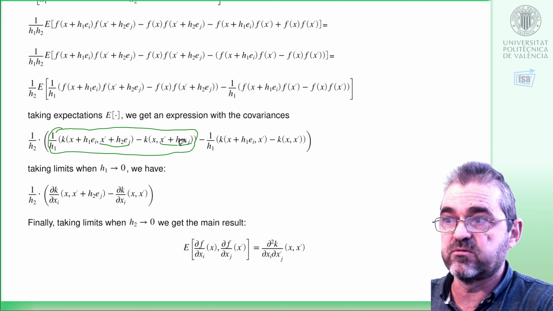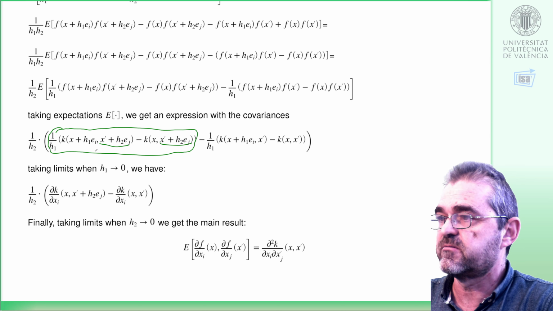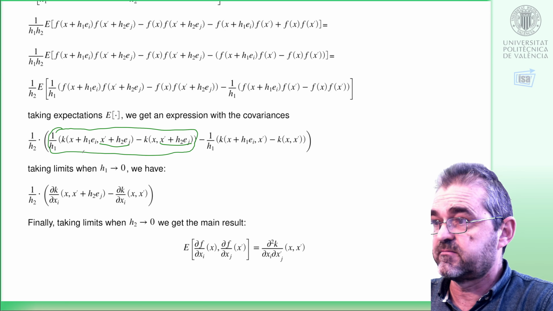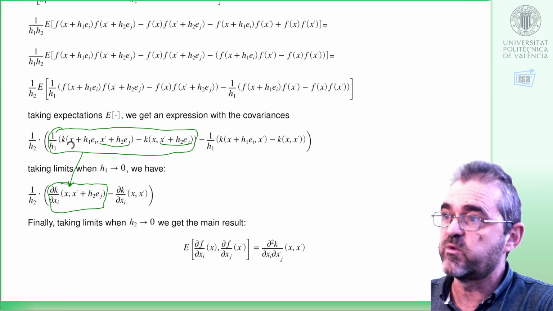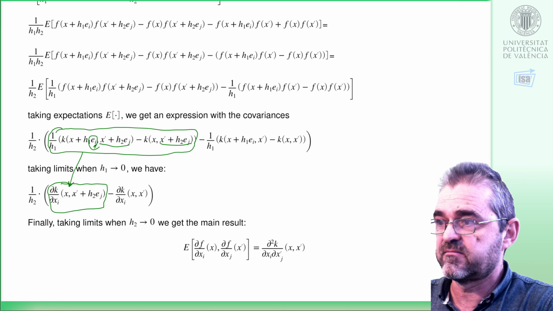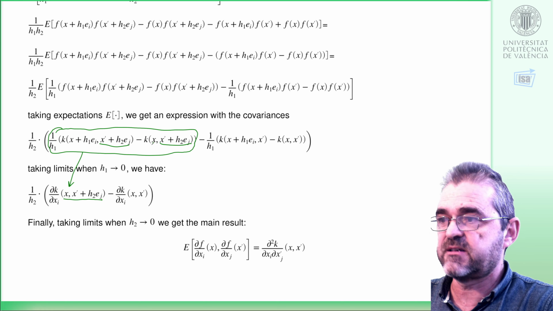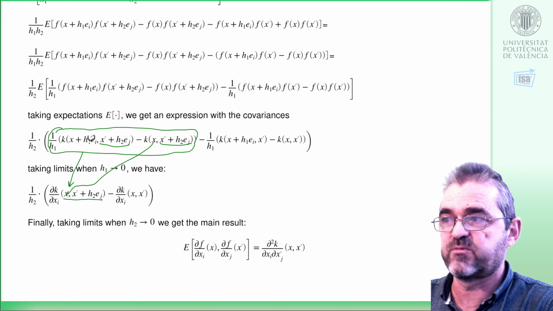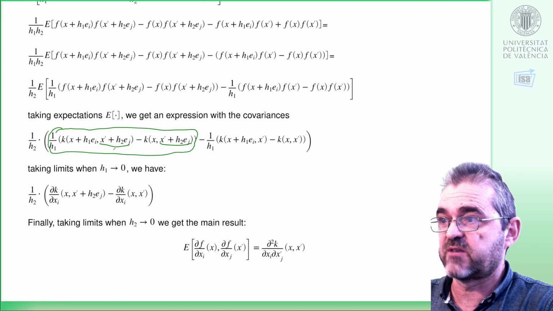Now h2 is not infinitesimal, h2 is still a finite increment, so we can see that this thing, when h1 tends to 0, will tend to this partial derivative of the covariance function with respect to the ith direction in its first argument, xi, at this point x, because I have x and x plus an increment, and I am not taking derivatives with respect to the second argument, so the second argument goes here unmodified.